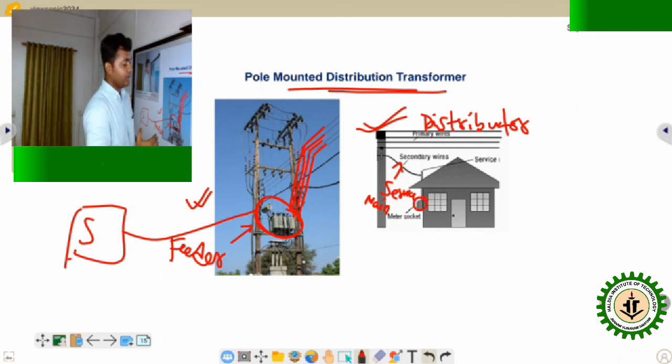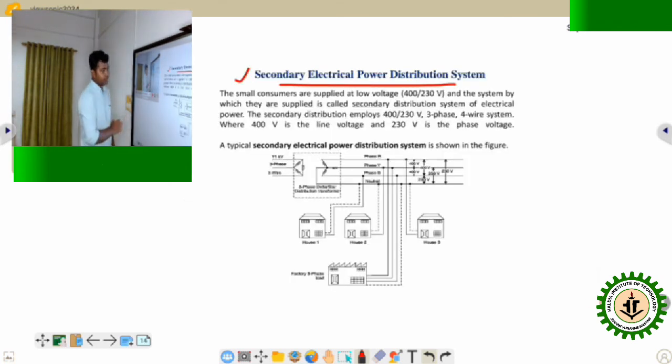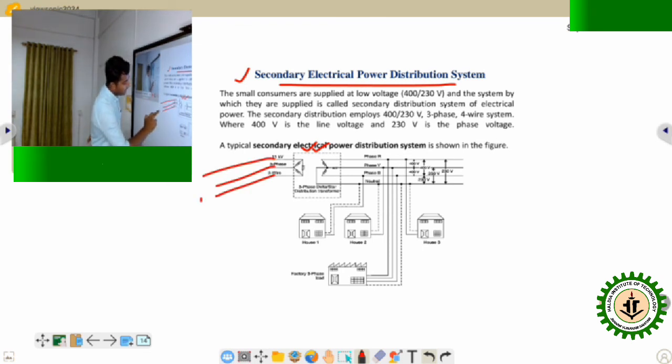Let's see. Suppose this is the pole mounted transformer which is located in your area, and this line is the feeder line. This is the pole mounted transformer, a step down transformer which steps down the voltage from 11 kV to 400 volt.